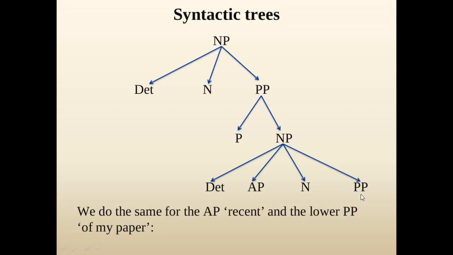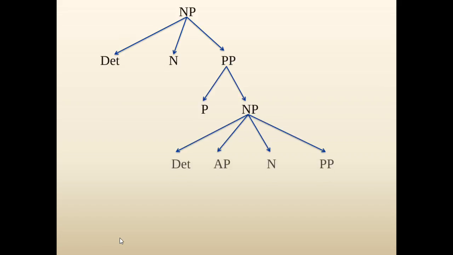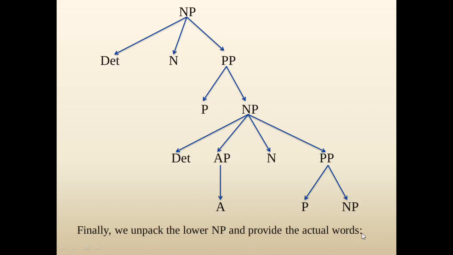The PP branches into two arrows, one for the P and one for the NP, my paper. And this is what it will look like once we analyze this lower level. The AP branches into A, which is recent, and the PP branches into a P, of, and the noun phrase my paper.